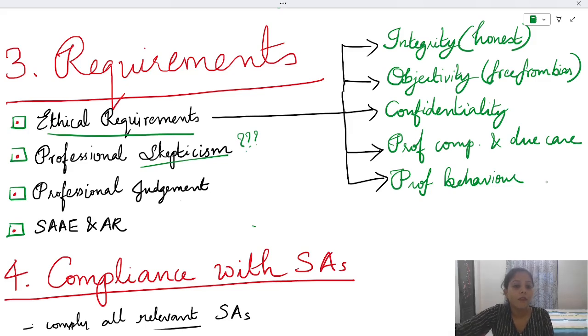Now coming to professional judgment. You have so much knowledge, and you may have some judgment. Those judgments shall be professional, which means that prejudicial judgments are not professional in nature.